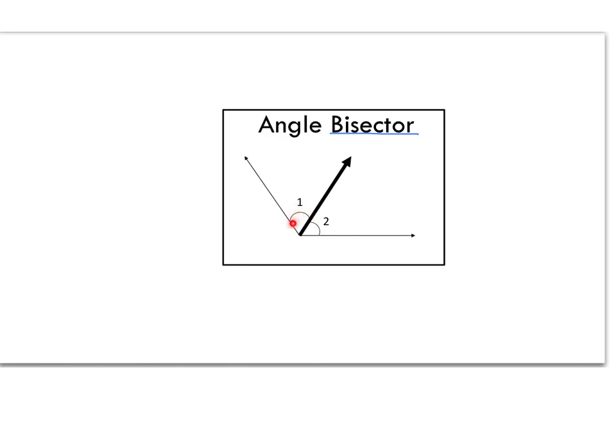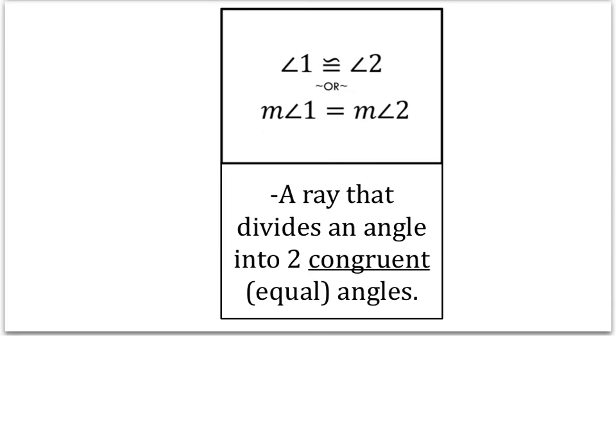This arc here and this arc here means that angle 1 and angle 2 are congruent, okay, or they're equal to each other. As I said, angle 1 is congruent to angle 2, or angle 1 is equal to angle 2. So an angle bisector is a ray that divides an angle into two congruent angles, in this case, angles that are equal.